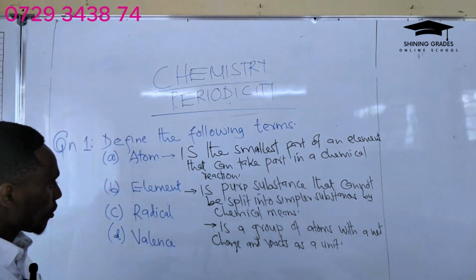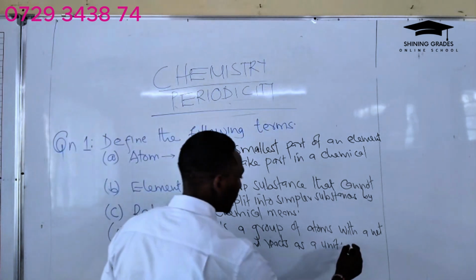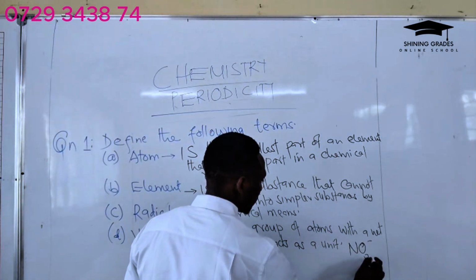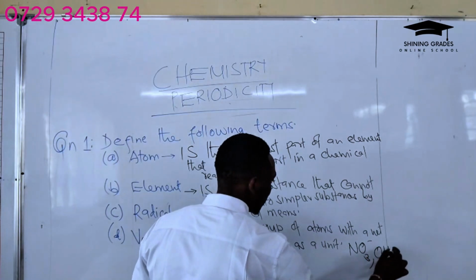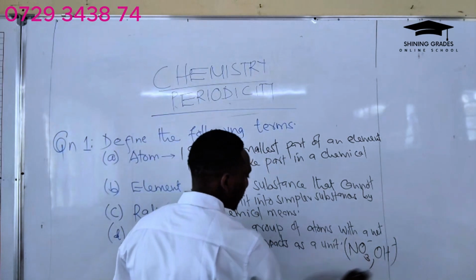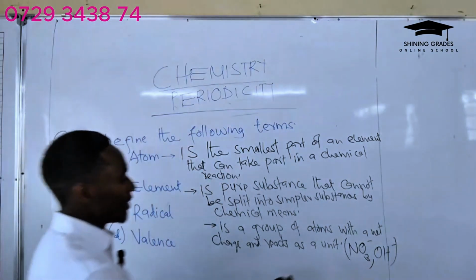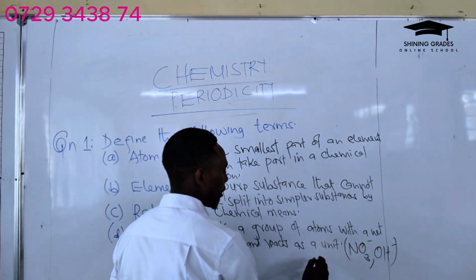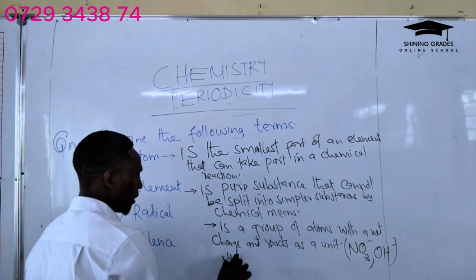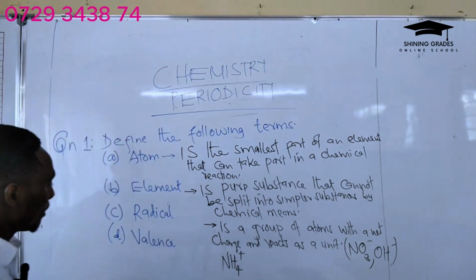That is what we call a radical. For example, nitrate radical, hydroxide radical. These are some of the examples of radicals. They have a net charge. We also have ammonium ion, again being a radical.